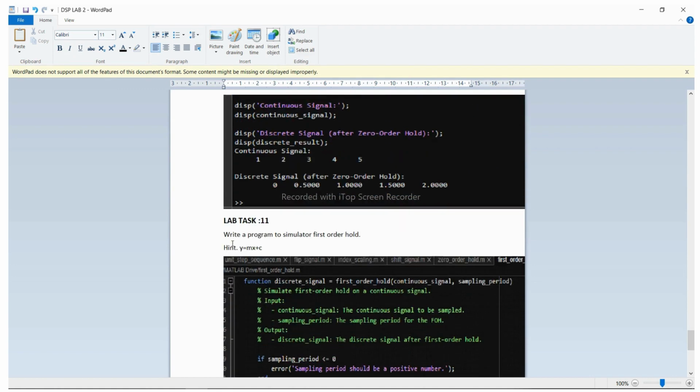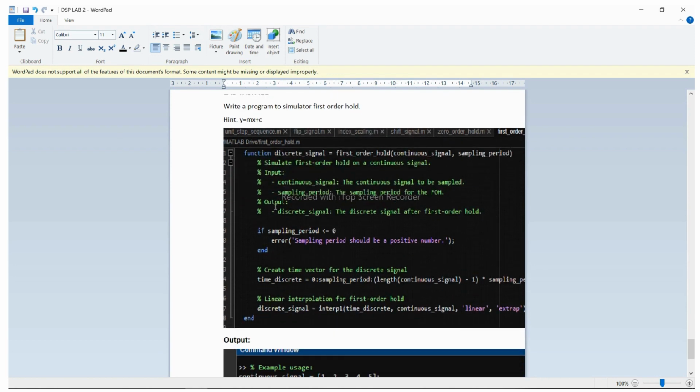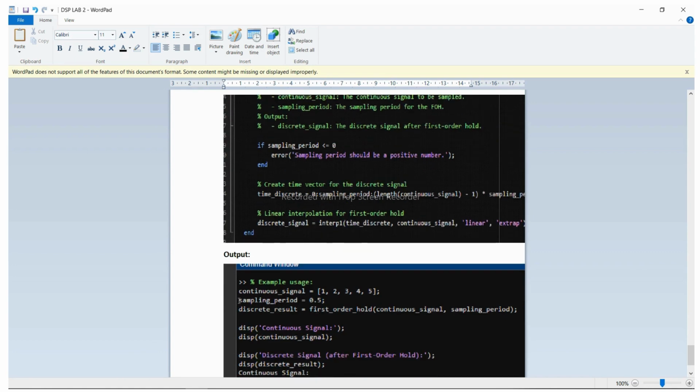And task number 11, we write a program to simulate first order hold. Basically, first order hold means simulating a first order hold operation on the input signal, performing linear interpolation between consecutive samples. By writing the following code, we will get the desired output, in which we have a continuous signal that starts from 1, 2, 3, 4, and 5.